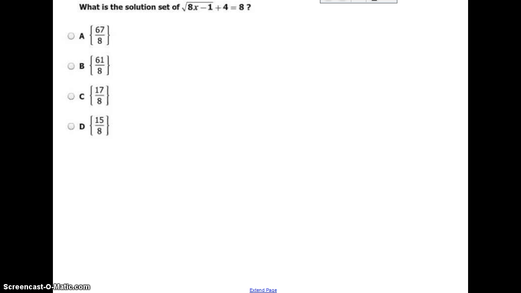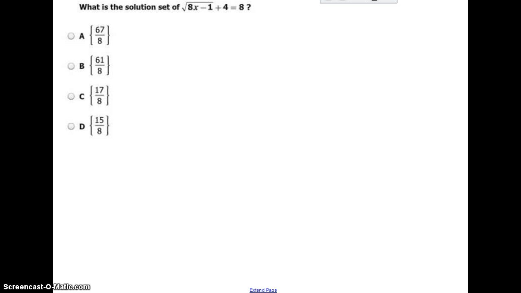On this next problem, we've done these types of problems before. It's a multiple choice question, and it's asking for the solution set of the square root of 8x minus 1 plus 4 equals 8. So notice the plus 4 is not underneath the radical, so that's also very important. You got to pay attention to what's underneath the radical and what's not underneath the radical.